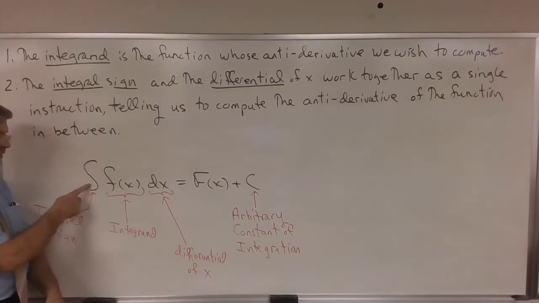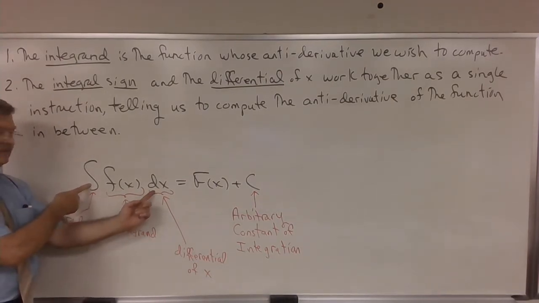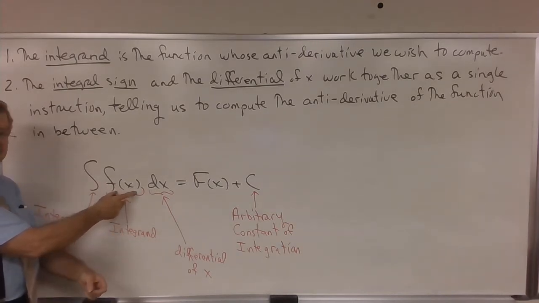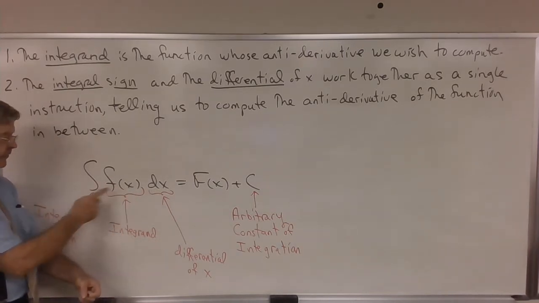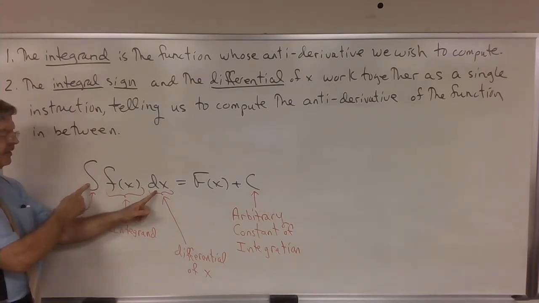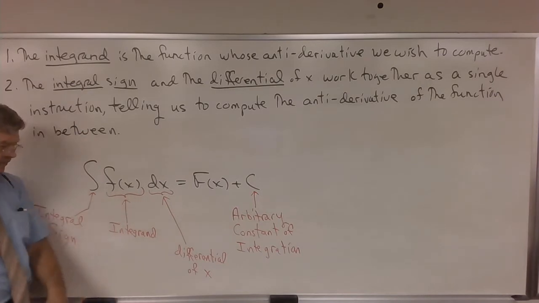They say, look at what's in between and compute the antiderivative of that thing. The integral sign and the differential work together as a team, as a single instruction that tells us to compute the antiderivative of what's in between.